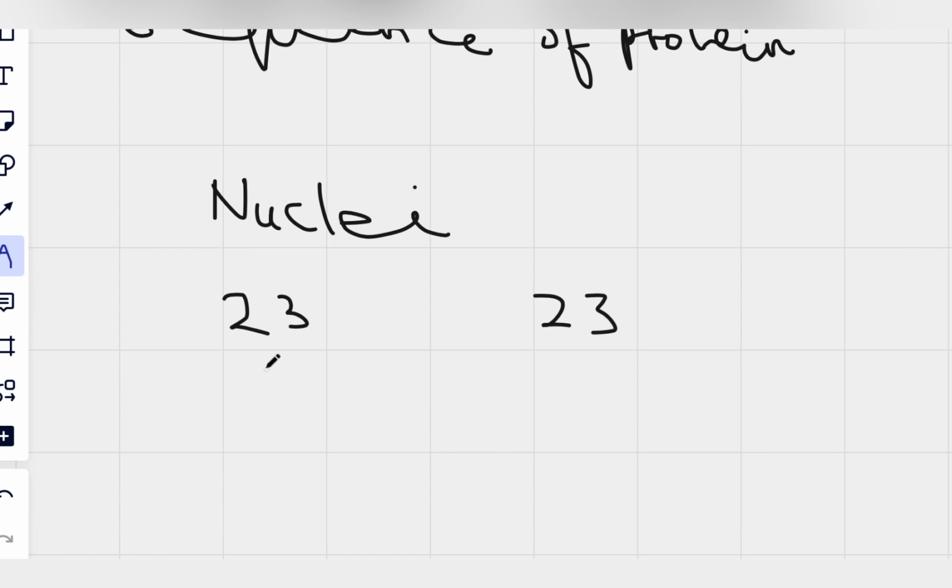Let's say you have this and then you have this, for example: 23 on this side, 23 on this side. So nuclei with two sets like this are called diploid.